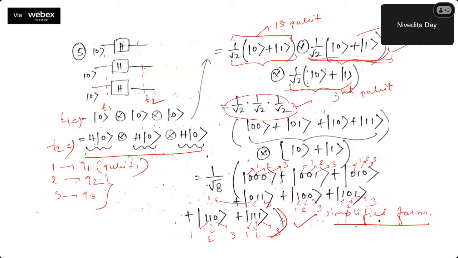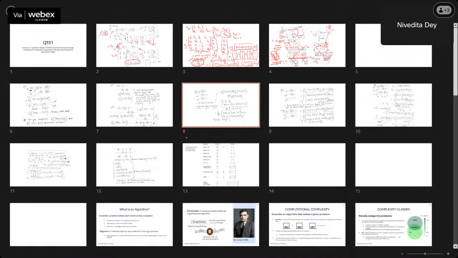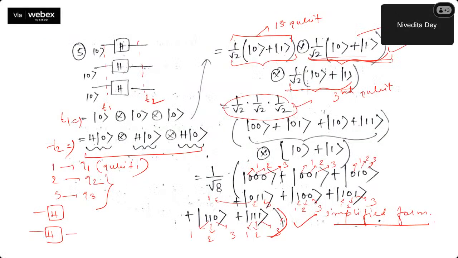Okay. Now, if I give you any complicated circuit, no matter what I give you, where was it, I guess here. Yes. If I give another Hadamard, say I have done something like this.